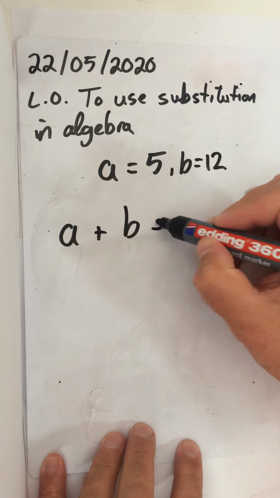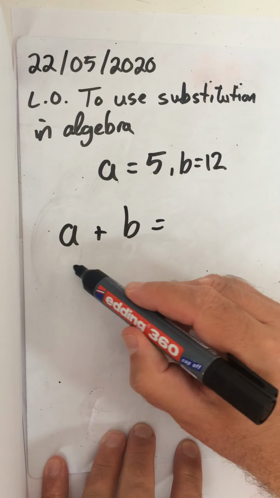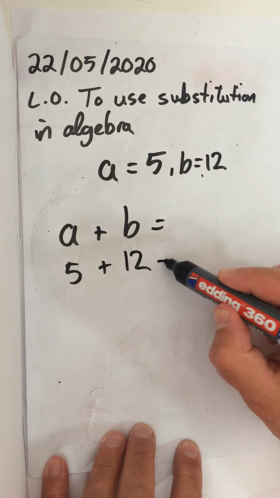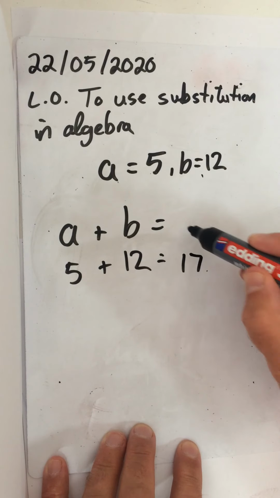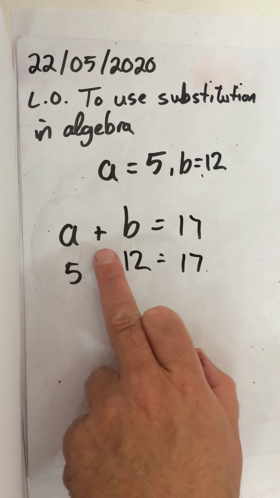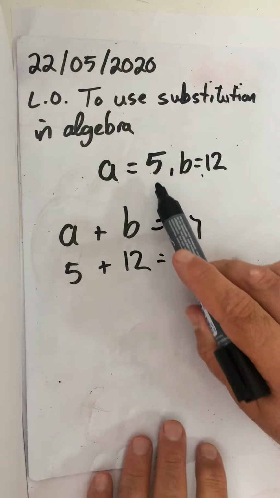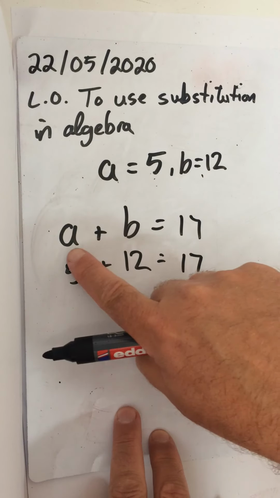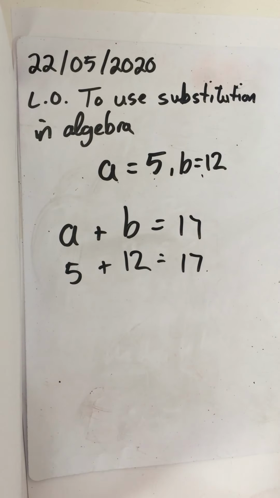What is the value of a plus b? Well, a is worth 5, b is worth 12, 5 plus 12 is 17, so a plus b is 17. Again, you're substituting the letters for the value that they are, okay?